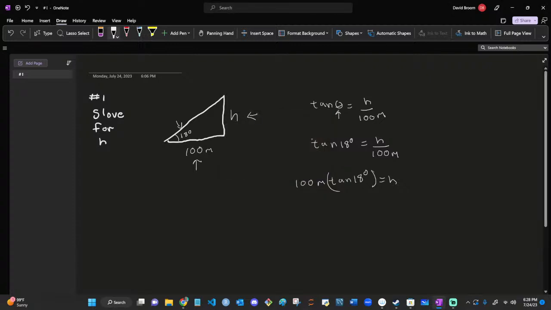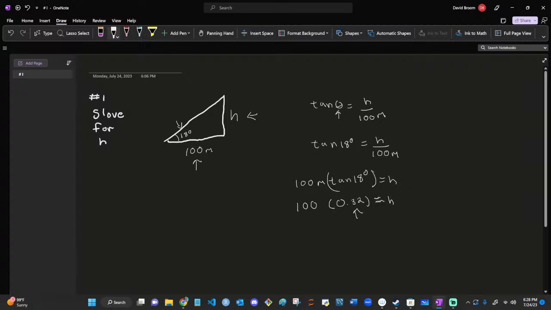So here, I'll just do it in my calculator. Make sure it's in degrees too. So I get 100 times 0.32 is approximately h.